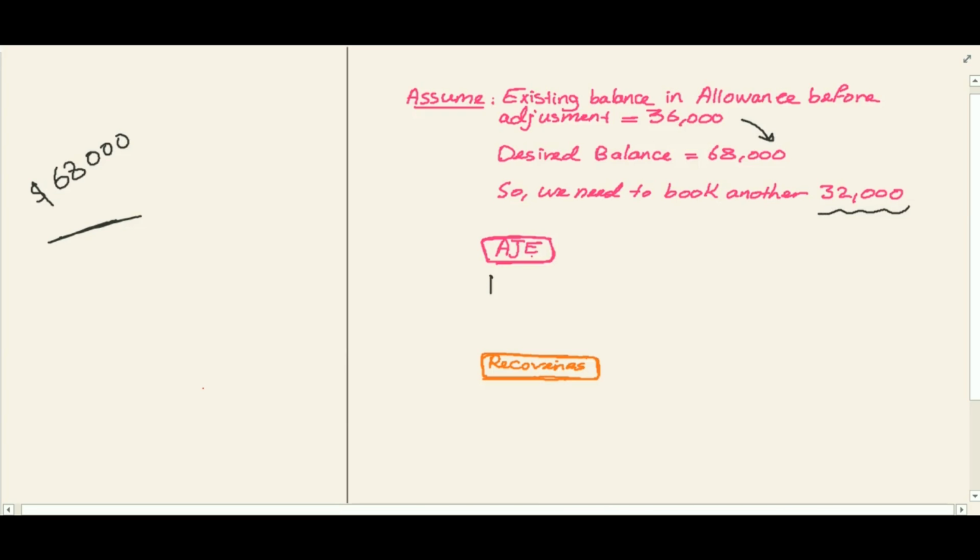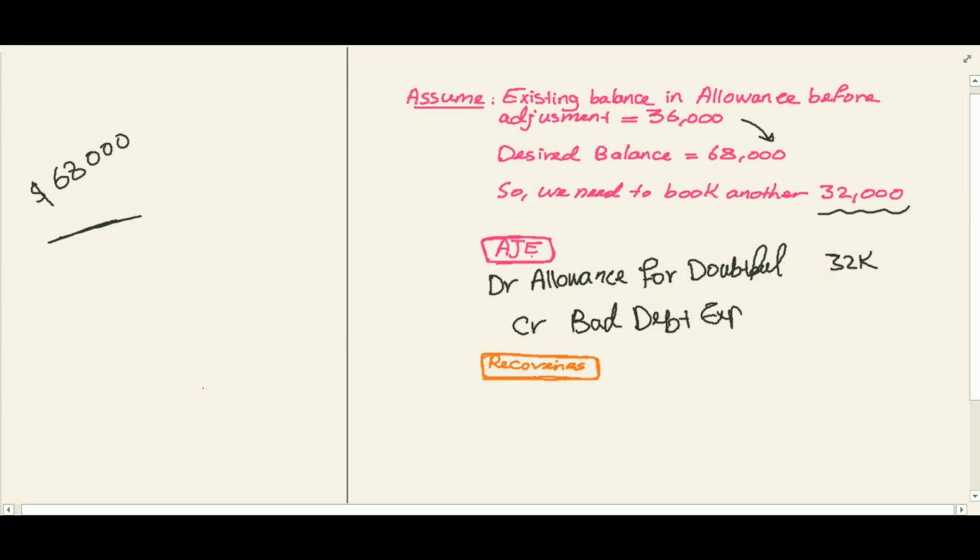So the adjusting entry would be debiting the allowance for doubtful accounts by 32,000, and you will credit bad debt expense account by the $32,000.